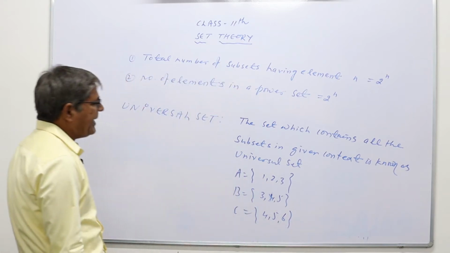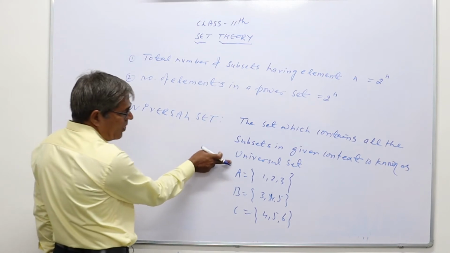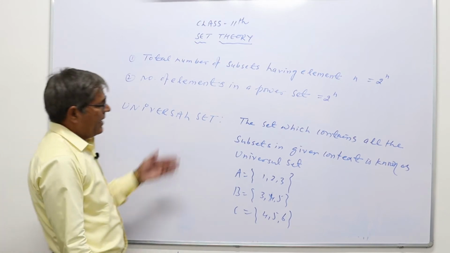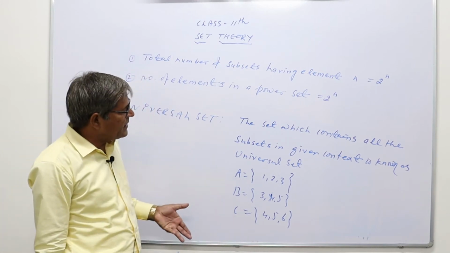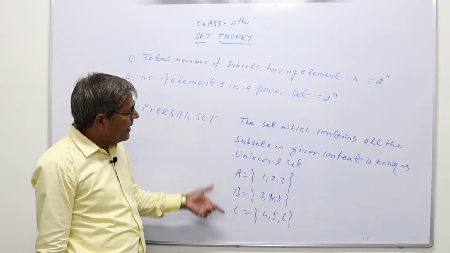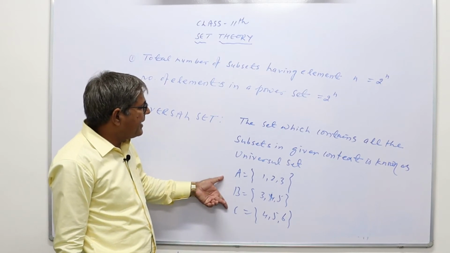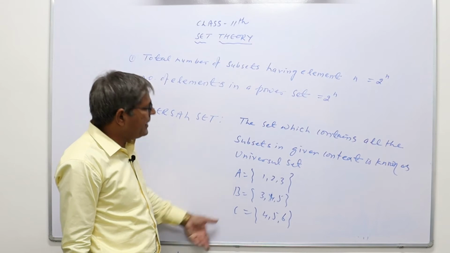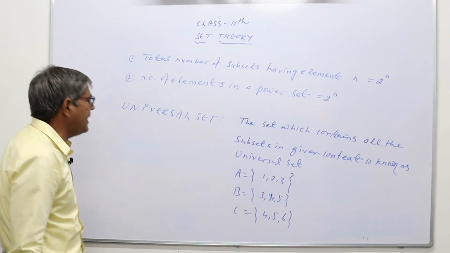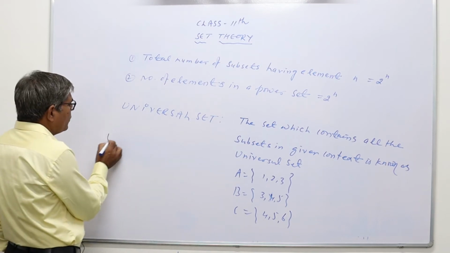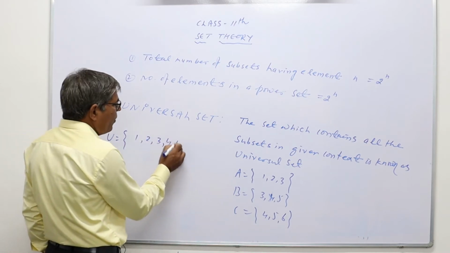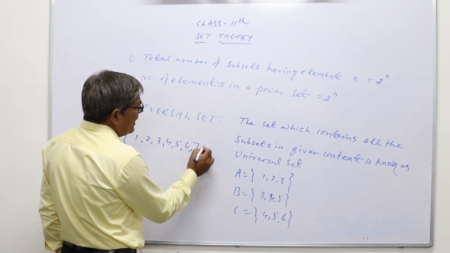Now, if we are able to write a set which contains all the elements of set A, set B and set C, in this context, the set which contains all these given sets will be known as the universal set for the sets A, B, C. So let the universal set U contain elements 1, 2, 3, 4, 5, 6, 7.